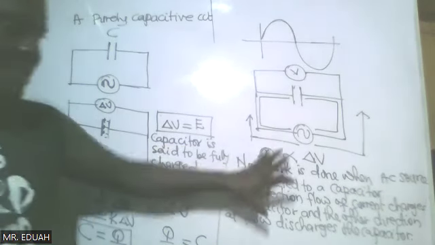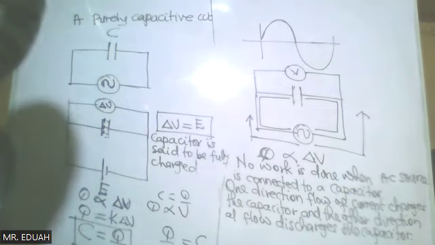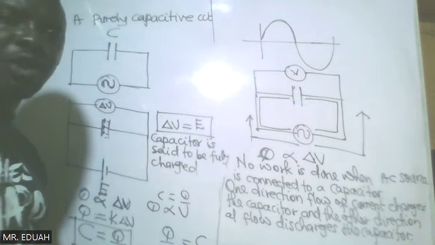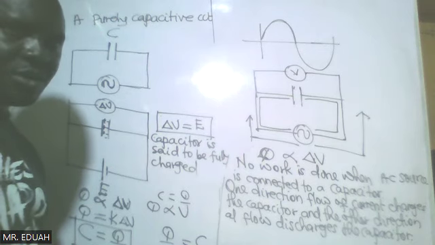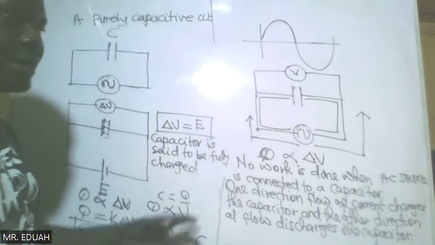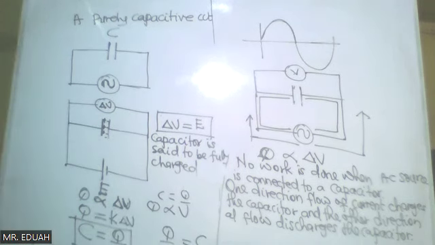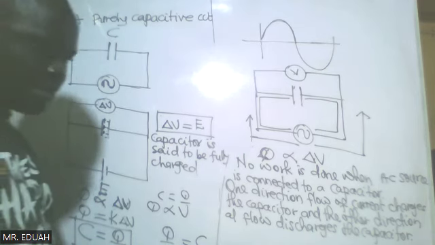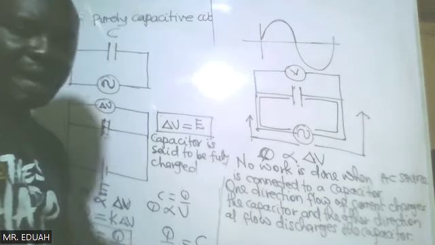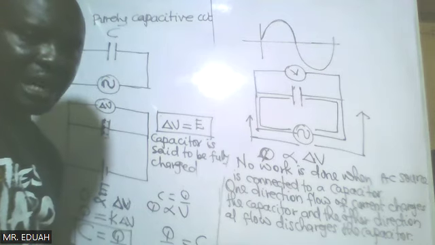So this is one of the applications where the use of AC becomes a nuisance or a problem. One application where the use of alternating current, which is very, very important, becomes a problem is during charging a capacitor, because the capacitor is charged in one direction and then discharges in the other direction.